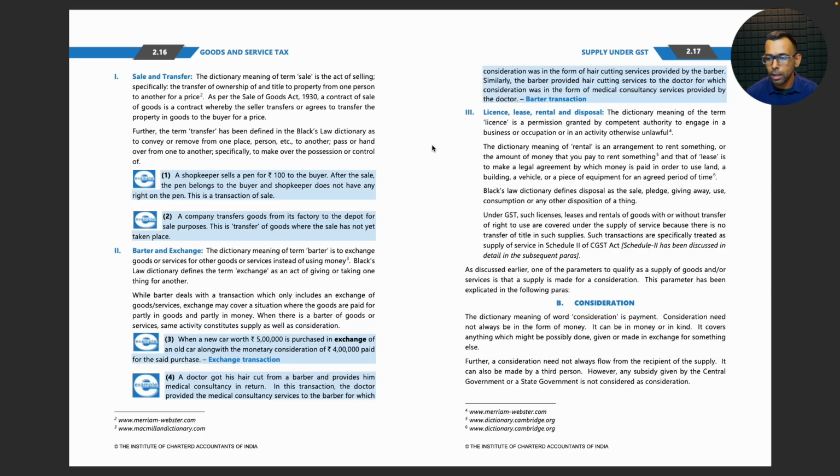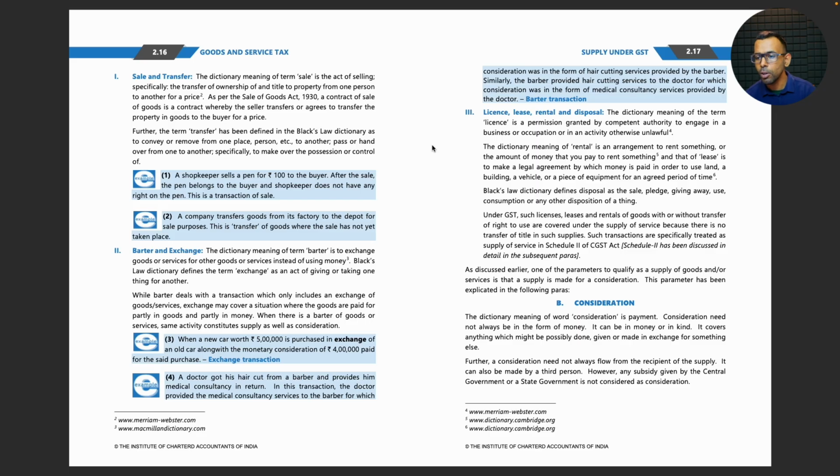License, lease, rental, and disposal. The dictionary meaning of the term license is a permission granted by competent authority to engage in a business or occupation or in an activity otherwise unlawful.